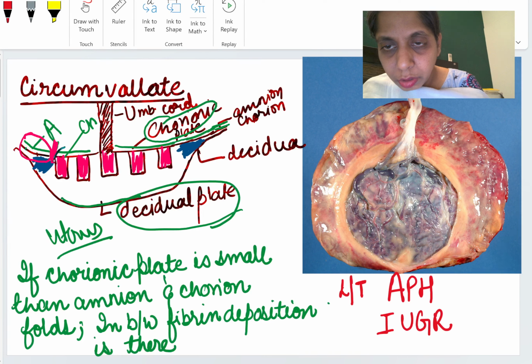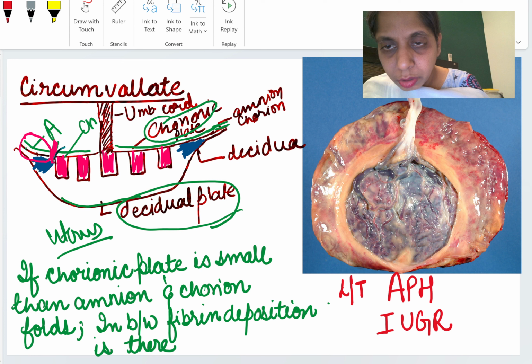Okay, these are the amnion and chorion, and this is the chorionic plate. Are you getting my point? Okay, and the lower one is the decidual plate. So you are seeing that this chorionic plate is very, very small as compared to the decidual plate.